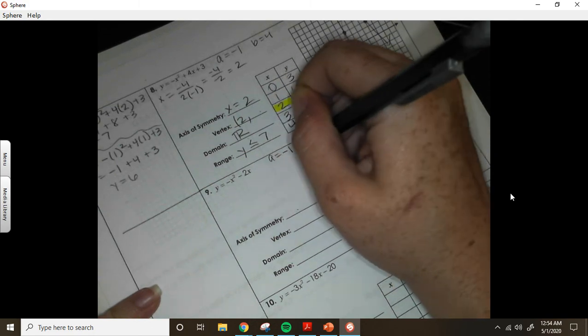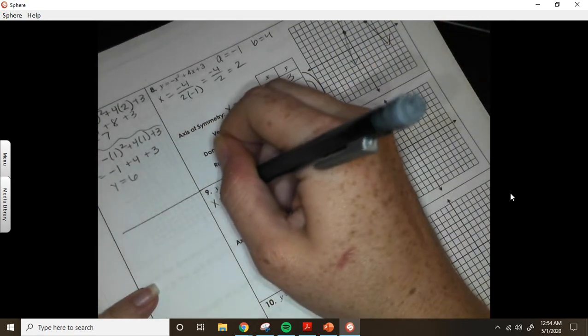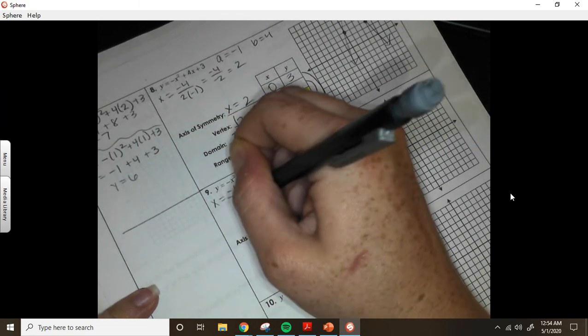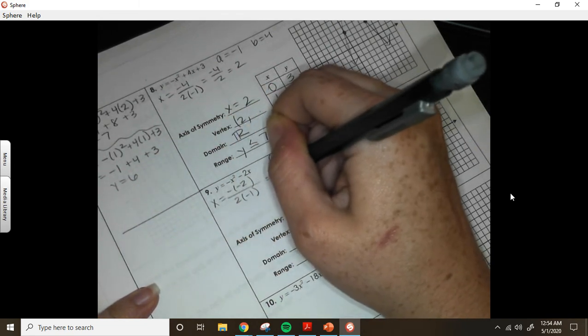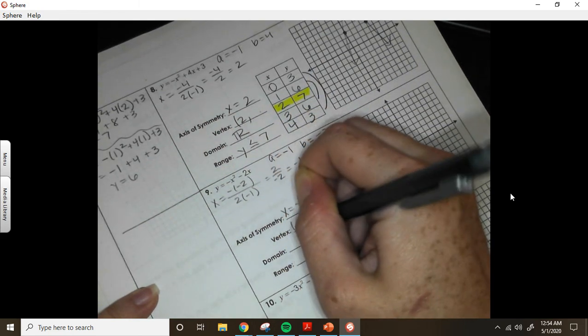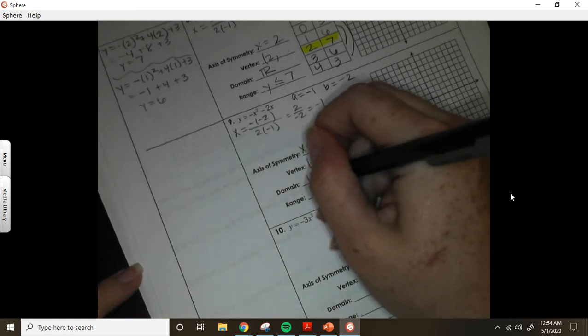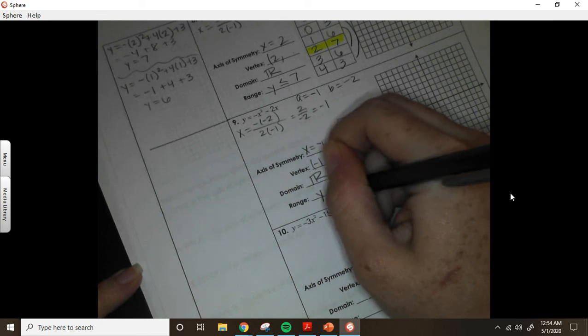A is negative 1, B is negative 2, x is equal to negative 2 over 2 times negative 1. Okay, our axis of symmetry is negative 1. This one's opening down. We know our domain is going to be all real numbers. We know our range is going to be less than or equal to.